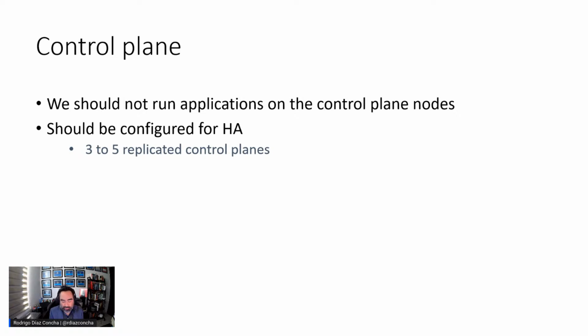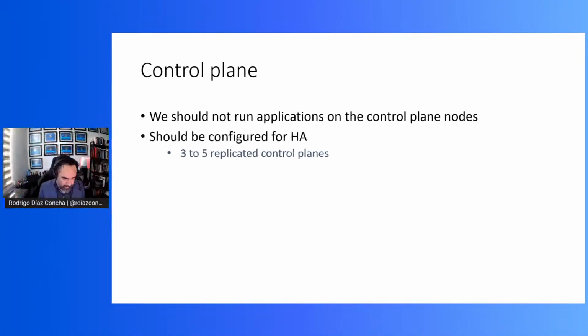This is a design decision, because what you want with that cluster is to have the control plane configured for high availability, okay? So that's why in production environments with Kubernetes, the control plane is deployed in 3 to 5 nodes. It's not a single computer in your cluster. That's what I mean here, okay?